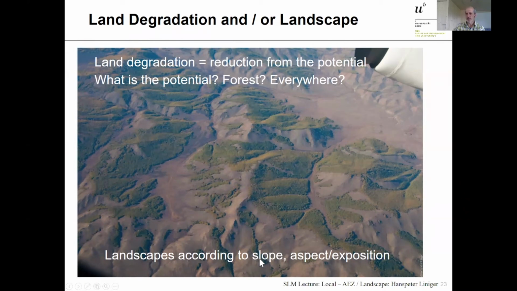On that side, not. Southern slopes don't have forests. Northern slopes have the potential for a forest. The moment you go into plains, the forest goes. So maybe this is a question of the aspect, the exposition of those hills, where you have different potentials.